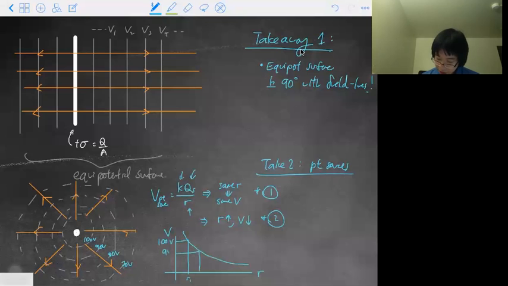So the further away you go, the potential will decrease. If you go all the way to infinity, what is the potential? 0, right? So if you go all the way to infinity, the potential would be 0 volts. The closer you go, the higher the voltage. You can't actually sit on top of it, otherwise it'll blow up to infinity.